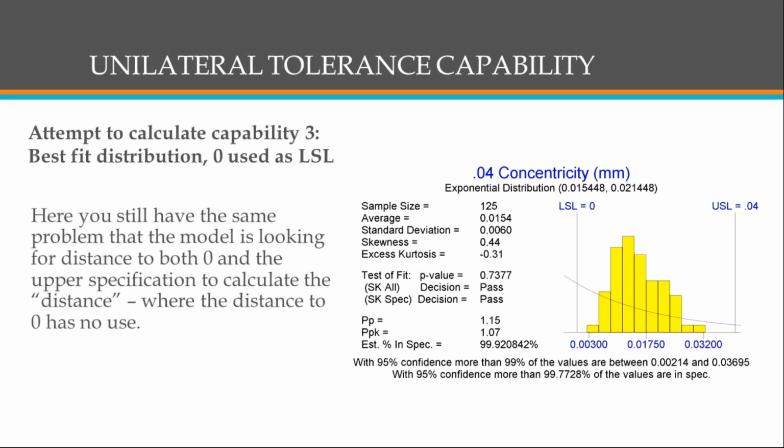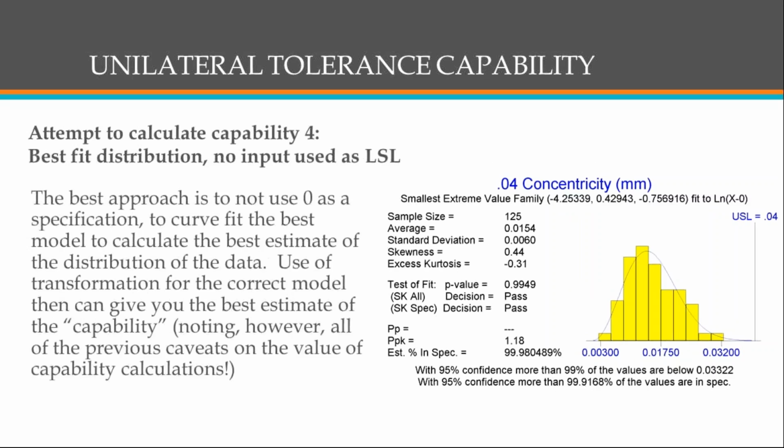Again, that's not a good idea because the software is going to assume that the best spot's in the middle and it's going to calculate to both ends. So really, we don't want to do that, even using a fitted distribution. So the best approach is to not use 0 as the specification, to curve fit the best model to calculate the best estimate of the distribution of the data.